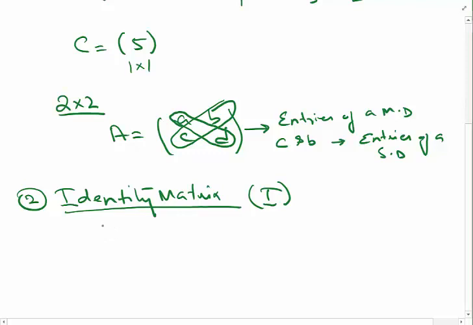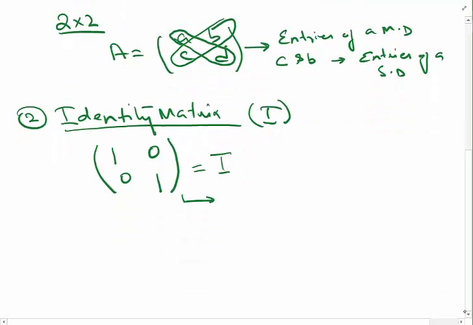Since we are focusing only on 2 by 2 square matrices in our lectures, based on that assumption we can say a 2 by 2 matrix in which entries of the main diagonal are unit or 1 and entries of the secondary diagonal are 0, we call this matrix identity matrix, and we can also call it the multiplicative identity in matrix algebra.